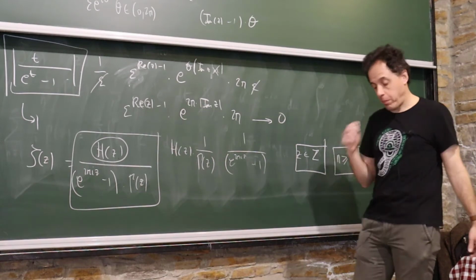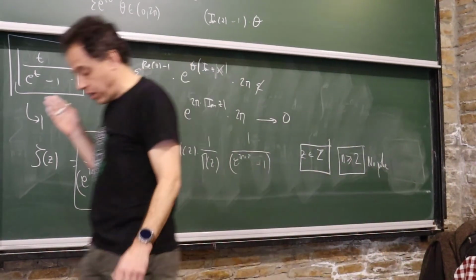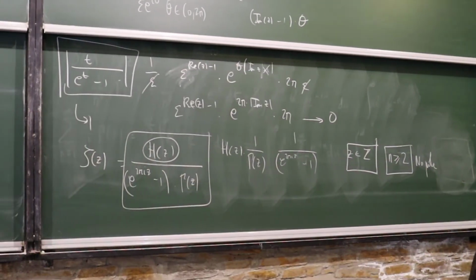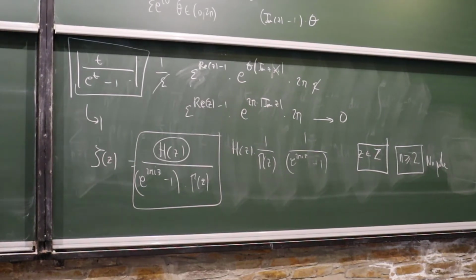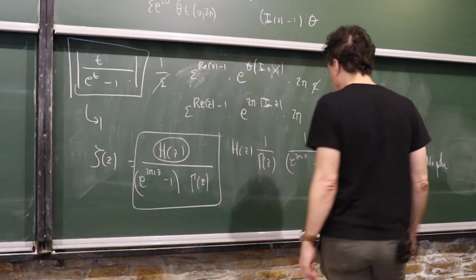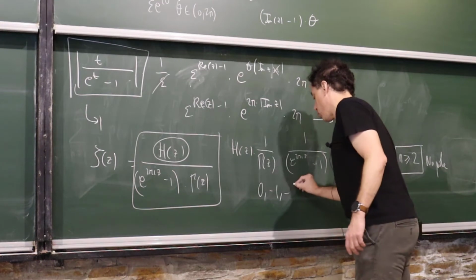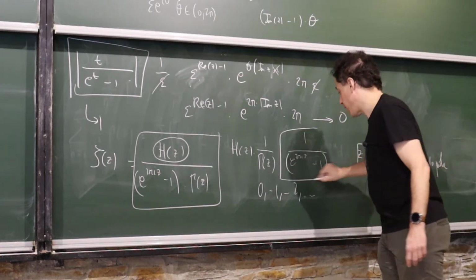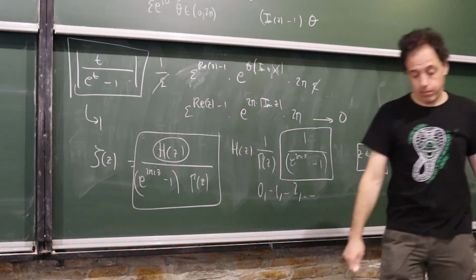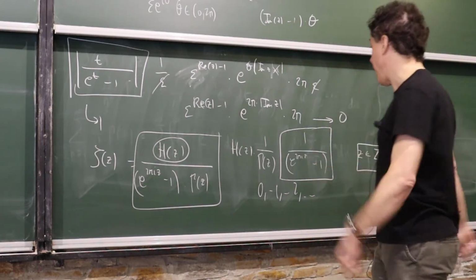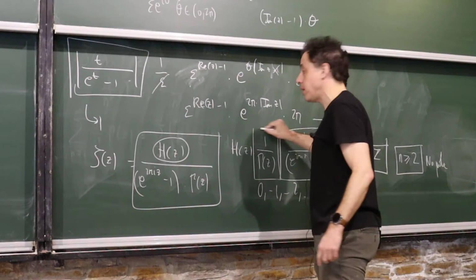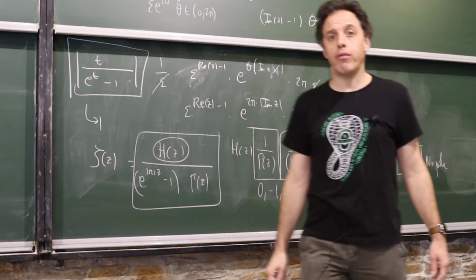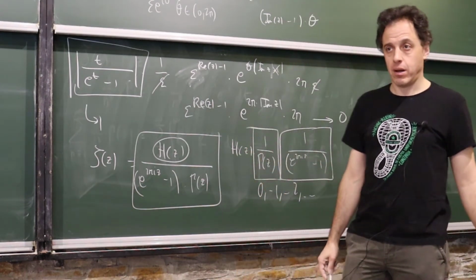So the problem could be at 1, 0, etc. What happens at the points 0, -1, -2, etc.? At these points, this function here has a pole of order 1, and 1 over gamma has a 0 of order 1.